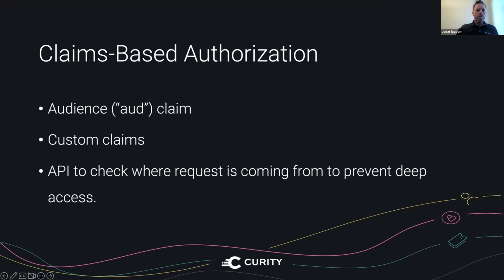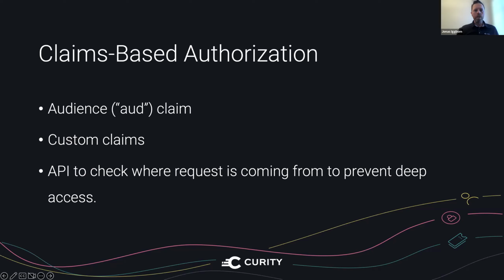Within the token, there are not only claims that we put in ourselves, right? There are standard claims as well. As part of a claims-based authorization model in a token-based architecture, there's a lot we can use the claims for, but the audience claim, the aud claim, is a powerful one. Remember, I said a little while ago that tokens are bound to their application.